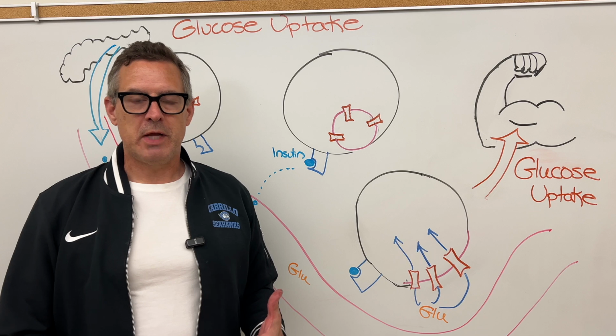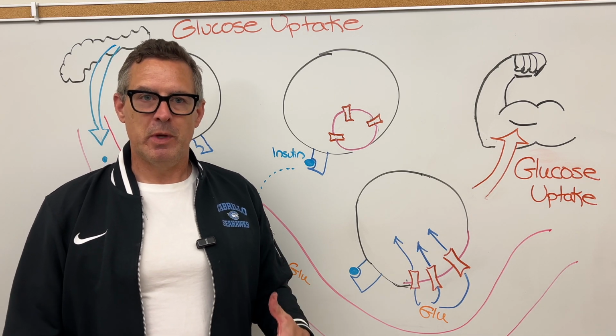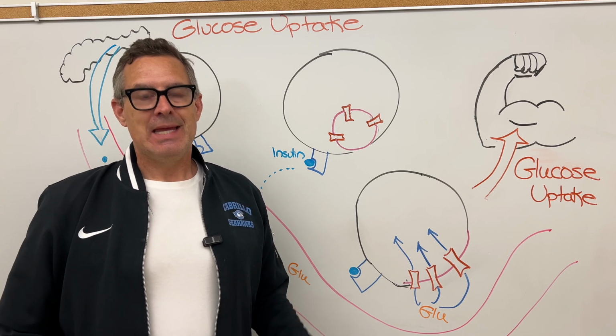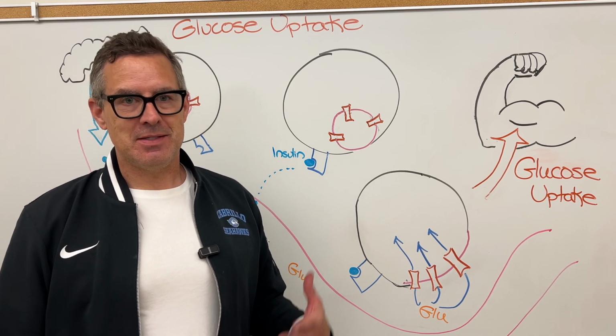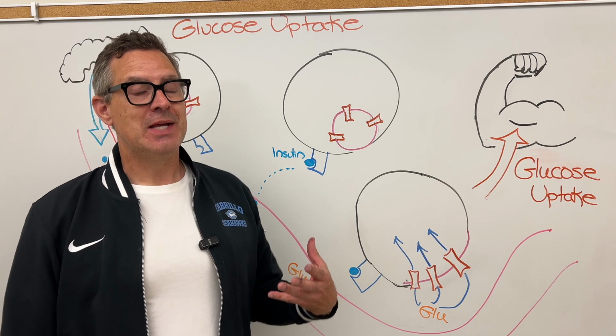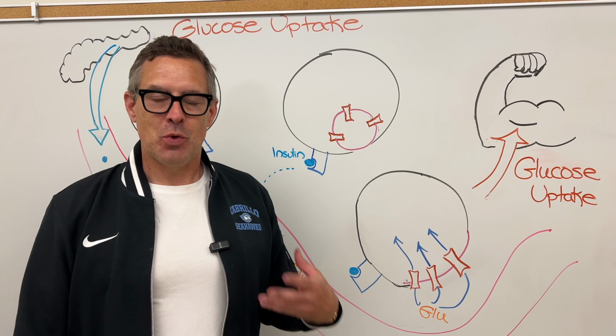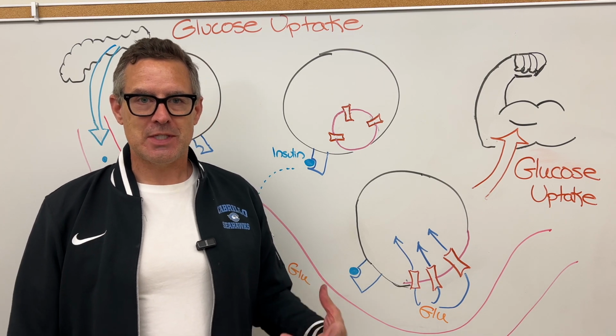Okay, glucose uptake once again is the movement of glucose from the blood into our body cells. Insulin-dependent glucose uptake is the exact same thing, but it requires the aid of insulin to open up gates within cells to allow glucose to get into those cells.